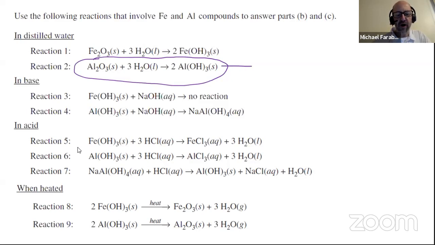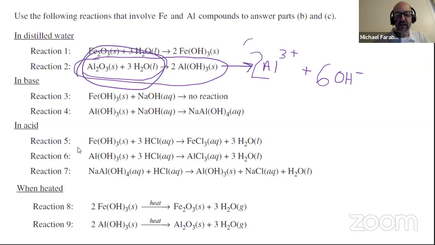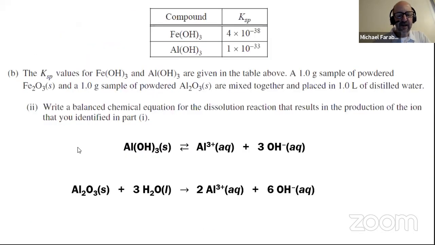So then if you were to go on, 2 aluminums would be present and a total of 6 hydroxides would be present. So what you could do is you could start with these reactants right here, and then you could finish with these products, and that would still be correct. So on the official scoring guidelines, this was also a possible correct answer.